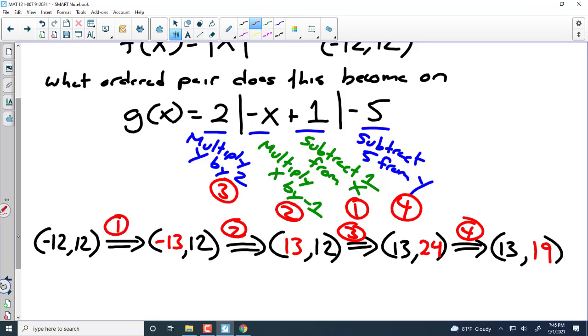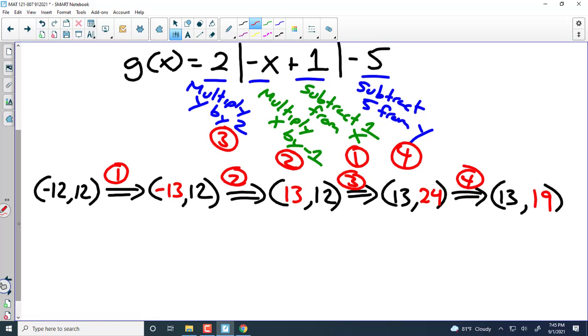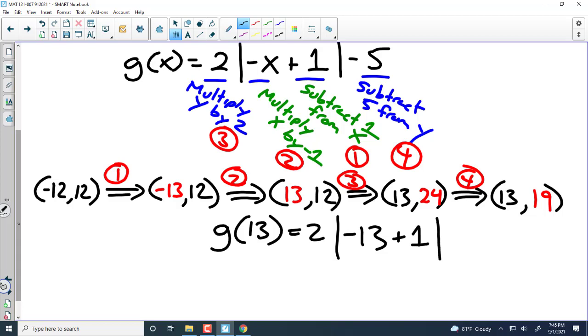And I can pick any ordered pair I want because we didn't need to worry about plotting it. And sure enough, everyone, I promise you, that if you plug 13 into the transformed function, it will simplify to 19.